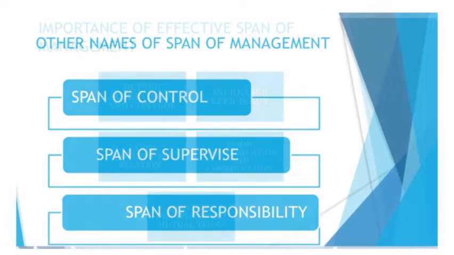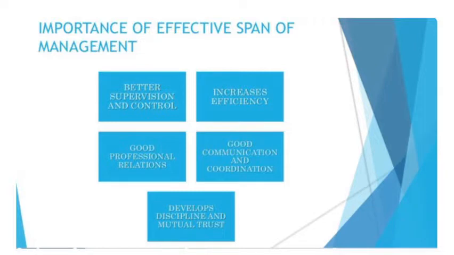Okay, and what is the importance of span of management? If there is no supervision, the individual cannot work, and the overall objective of the organization may not be achieved. An organization itself is a group of individuals or workers along with supervisors and subordinates.